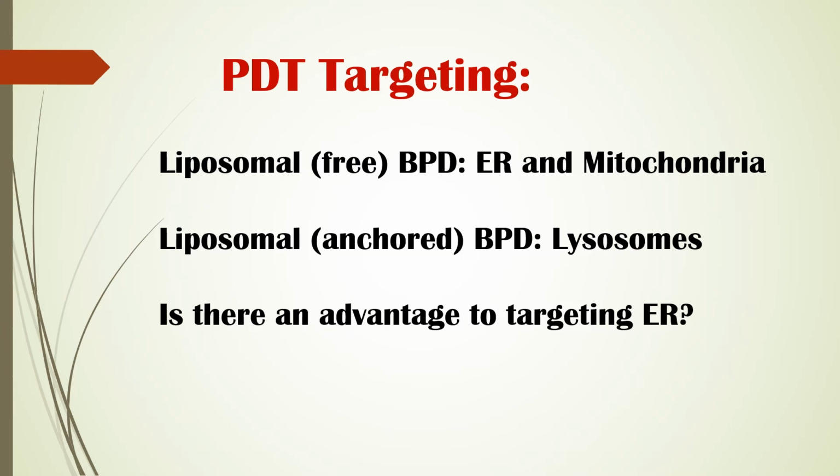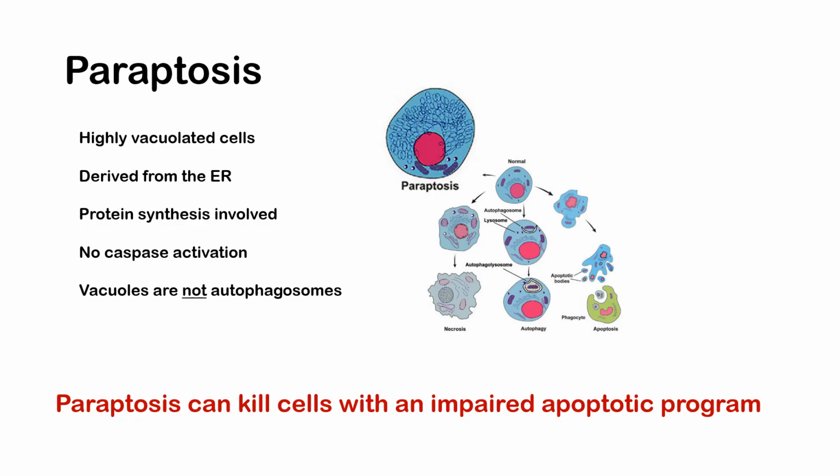But what about the ER? It turns out that this can bring about photokilling of tumor cells by a process that does not involve apoptosis, and be used with tumor cells that have an impaired apoptotic pathway. This new process is termed paraptosis and involves an effect on the ER that fills the cytoplasm with vacuoles and eventually results in cell death.